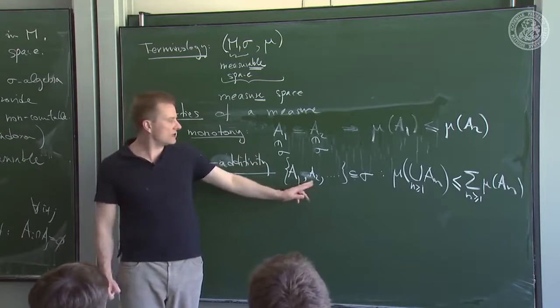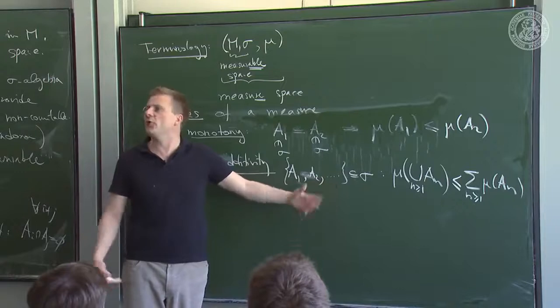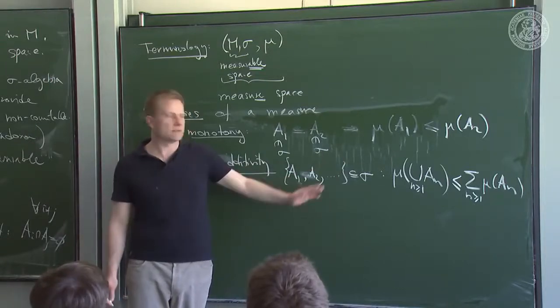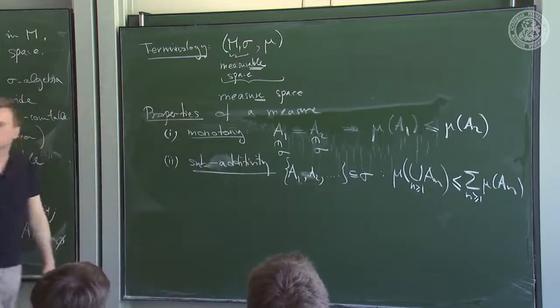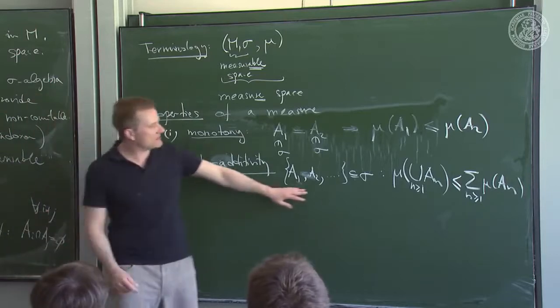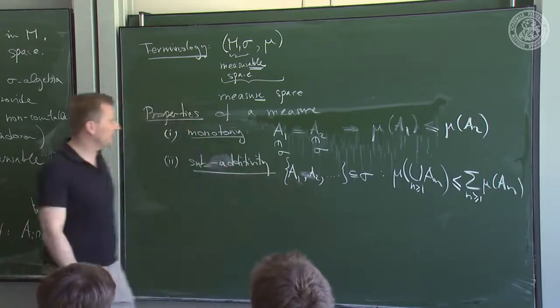Whenever I give numbers A1, A2, A3, very obviously this is only a countable collection. That's why I call it a sequence. Yes, this is intentional, and it is important, hence it's defined that way.